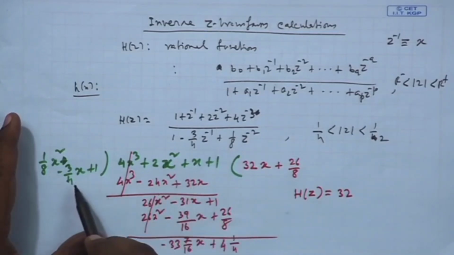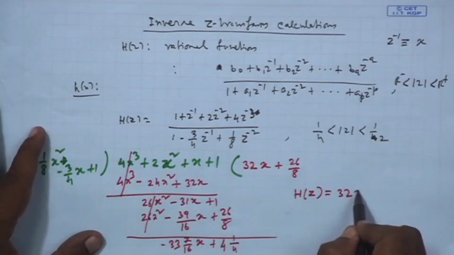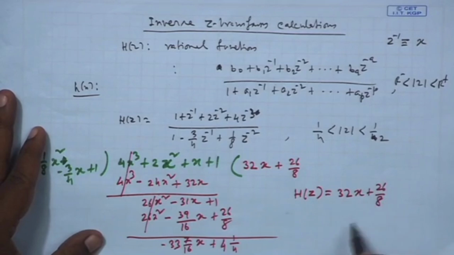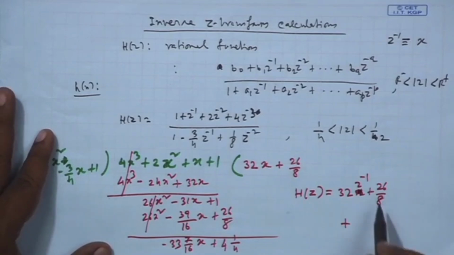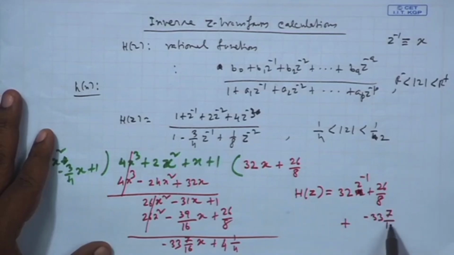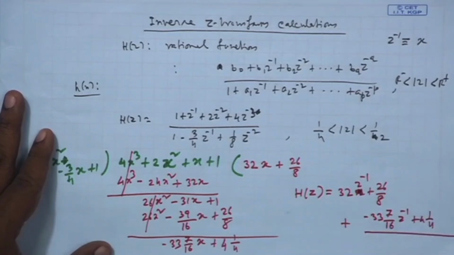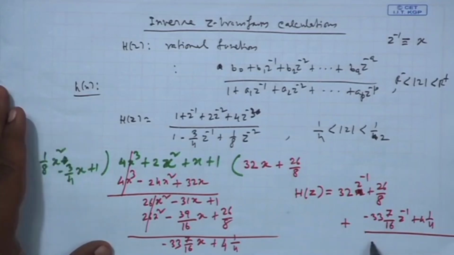So this by this is so much of quotient coming out, and then the remainder part, which I write in terms of Z inverse now: the numerator is minus 33 by 16 Z inverse plus 4 and 1 by 4, divided by the same denominator, 1 minus 3 by 4 Z inverse plus 1 by 8 Z inverse squared.